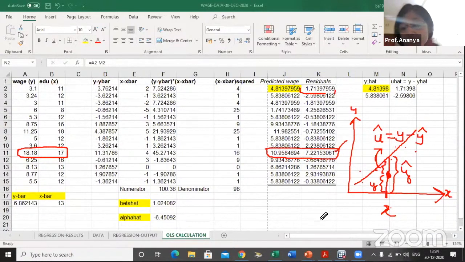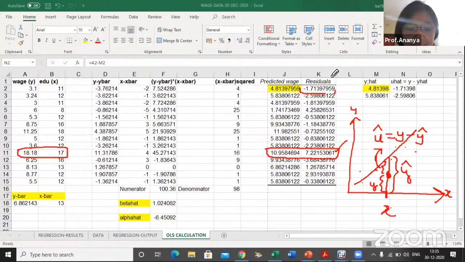The least squares methodology actually minimizes the sum of squared residuals. Remember, it is minimizing the sum of squared deviations from your line of best fit. When you're minimizing a sum of squares, the minimum can't possibly be negative.